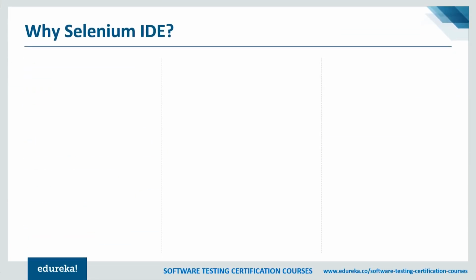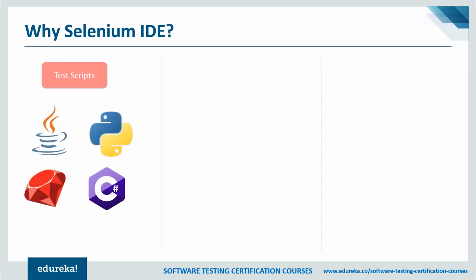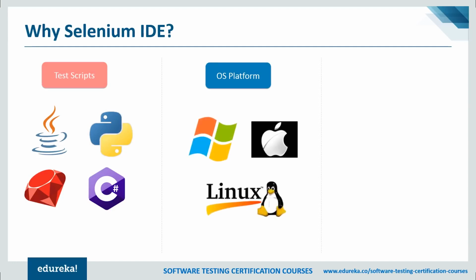So why do you prefer Selenium? The reasons behind the ever-growing popularity of Selenium are that test scripts can be written in any of these programming languages like Java, Python, C#, PHP, Ruby, Perl, and .NET as well. Tests can also be carried out in any OS like Windows, Mac, or Linux.